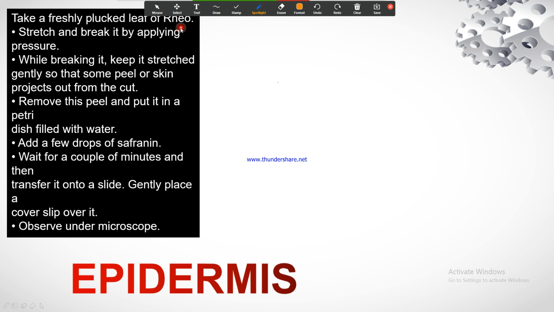Stretch and break the leaf by applying pressure. When you break and stretch the leaf, it comes apart into pieces. While breaking it, keep it gently stretched so that some peel or skin projects out from the cut.